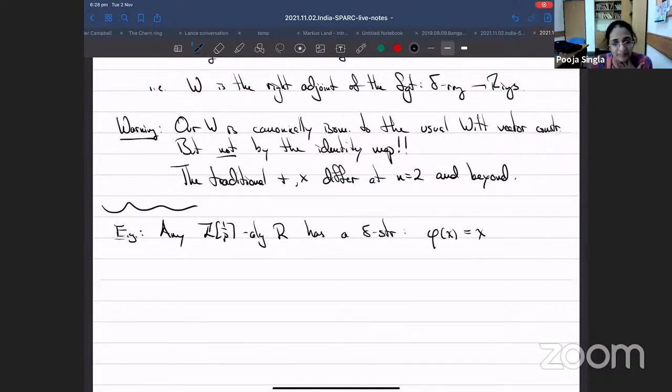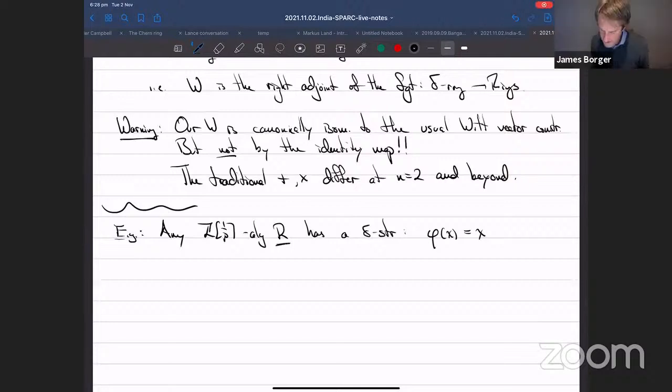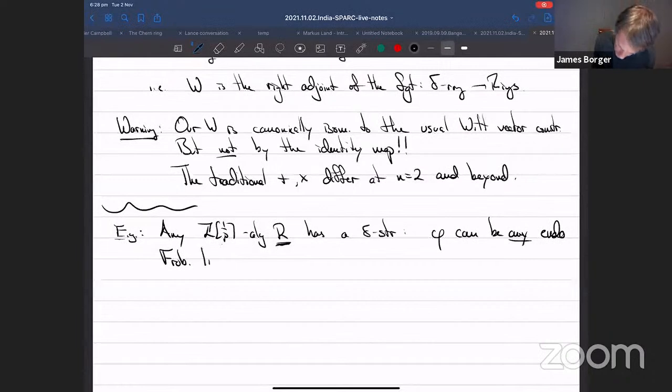R is p-torsion free, so putting a delta structure on it is equivalent to giving it a Frobenius lift. But when you quotient this ring by p, you get the zero ring if p is invertible. So the Frobenius lift condition is vacuous. So maybe I'll just say it this way: phi can be any ring endomorphism, because the Frobenius lift condition is vacuous.